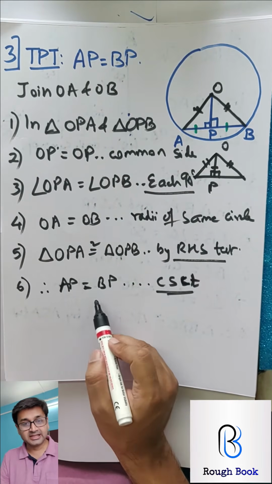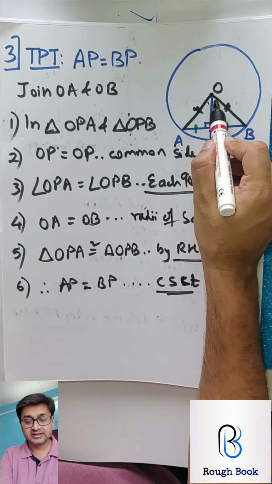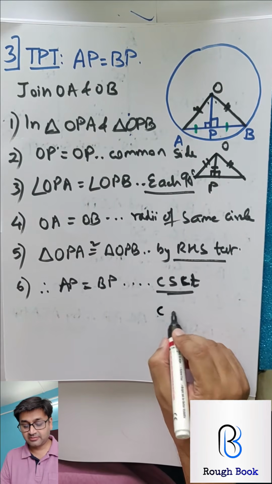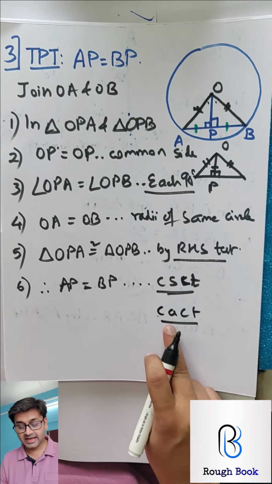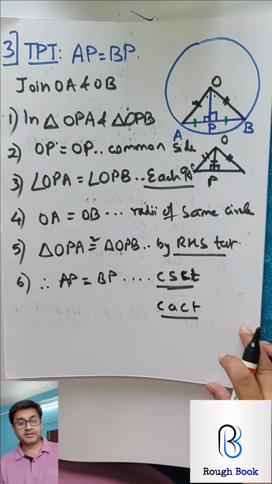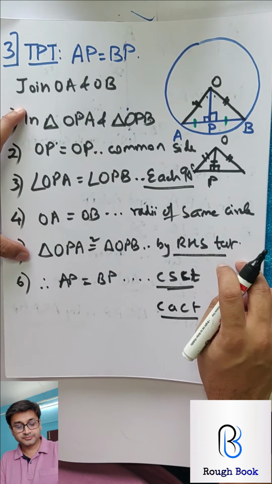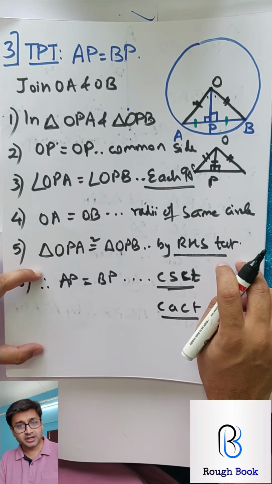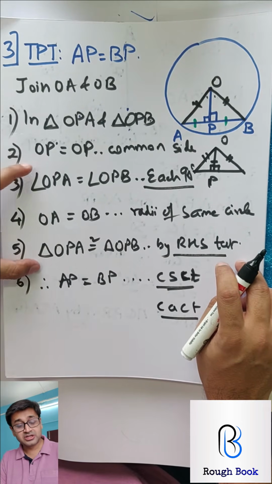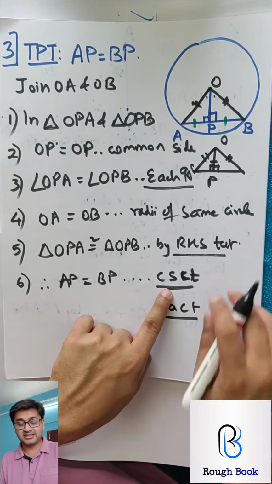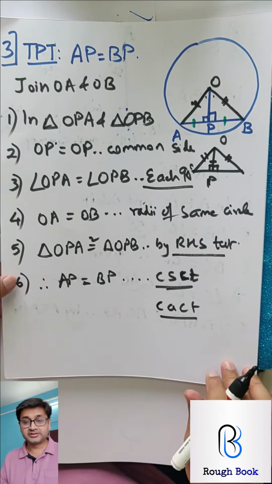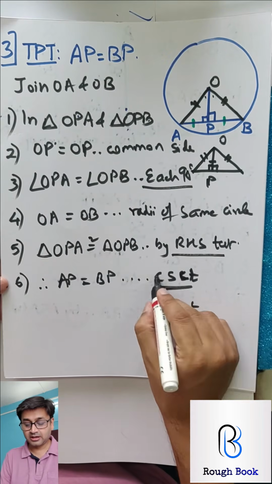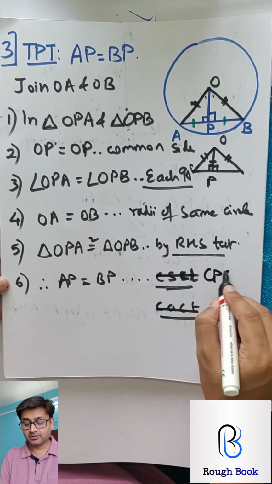If this was an angle, let's say if I wanted to say this angle equal to this angle, then my reason would be CACT, corresponding angles of congruent triangles. That means if you prove two triangles congruent, then you can say all the other 3 parts which you have not used are also congruent either by CSCT or CACT, or you can also say CPCTC. Let's use CPCTC, that is a better one.